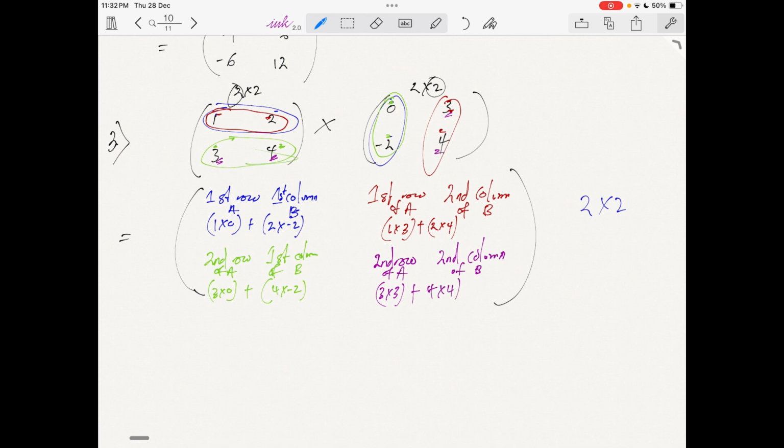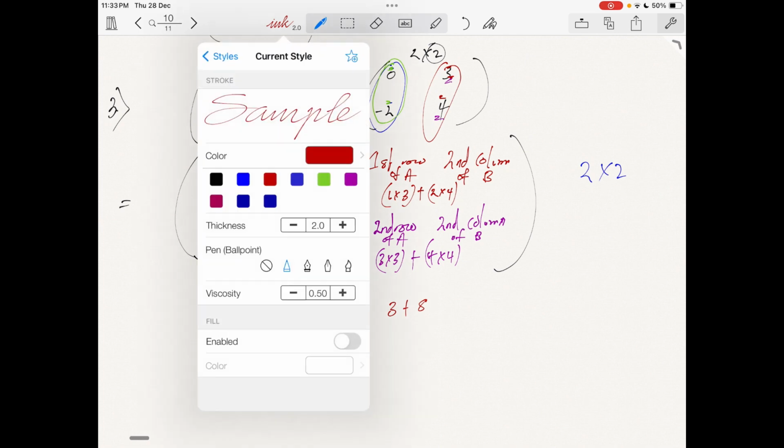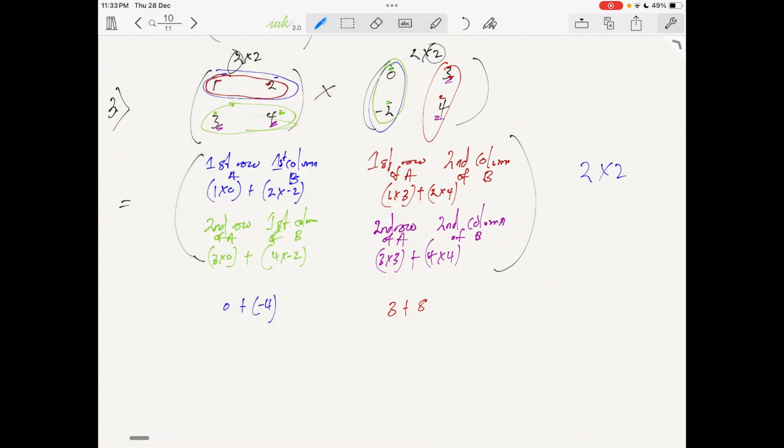Now we can solve further. 1 times 0 is 0, and 2 times minus 2 is minus 4. And 1 times 3 is 3, and 2 times 4 is 8. And we move to the green color. That's 3 times 0 is 0, and 4 times minus 2 is minus 8.